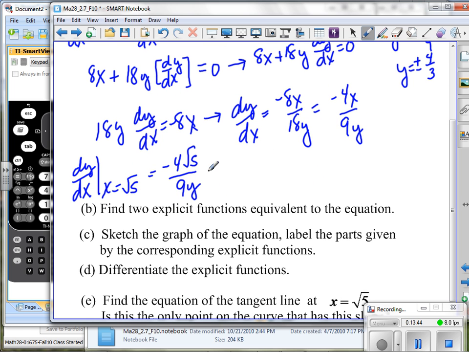So I now can say that this would be negative 4 square root 5, 9 times 4/3, or negative 4 square root 5 divided by 9 minus 4/3. And of course I can go through and do some canceling here. And I'd have 12, and my 4's and the 12's can cancel.